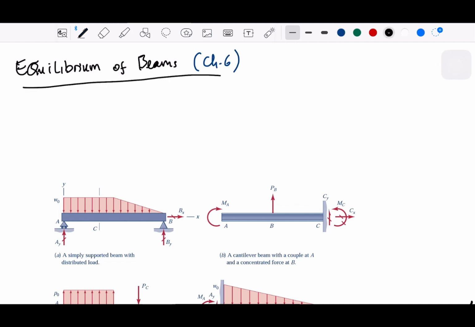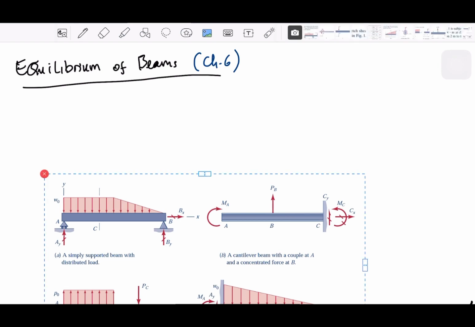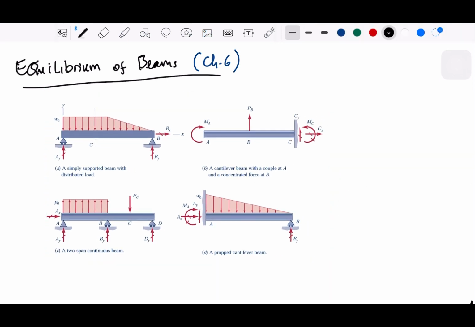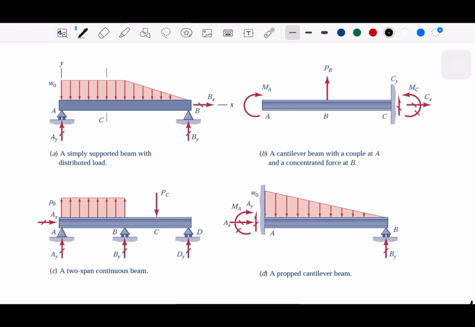So the first thing that I want to mention about this section is, if you remember, we are going to have some supports for beams. So this is I think an example. First is a distributed load, and you see that they are supported here in A and in B. We call this a simply supported beam with distributed load.